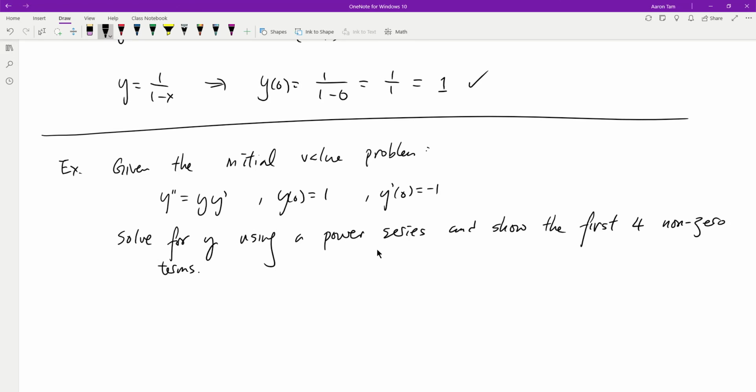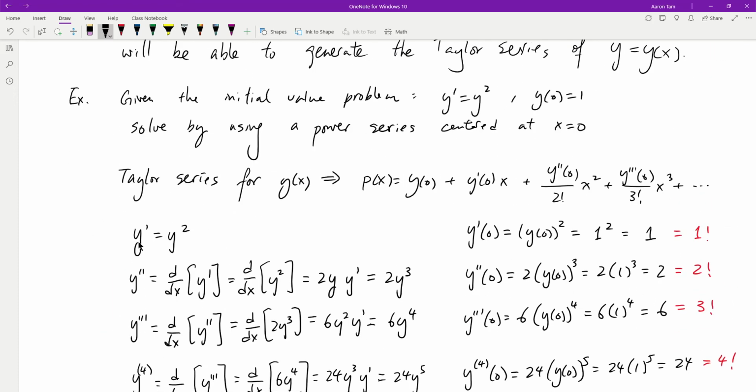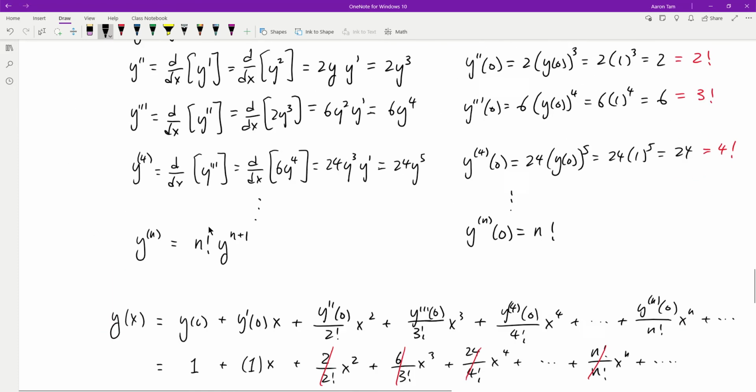Now, this one is a little trickier than the last one. The last one is a first order differential equation. This one is a second order differential equation. It's also not a linear differential equation because you have y times y prime, which is the reason why we won't be able to solve it any other way. The previous example is also nonlinear, which is the reason why it's hard to solve this.